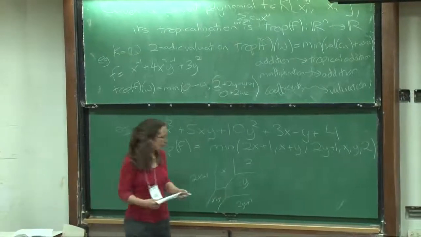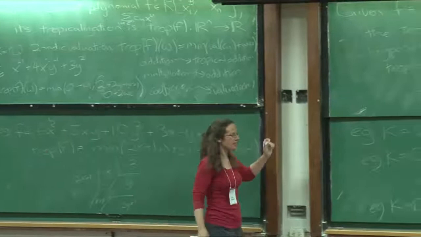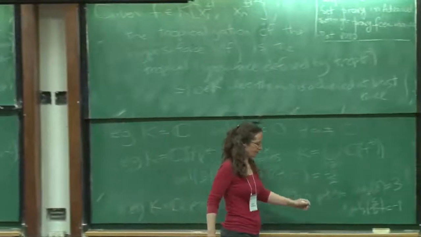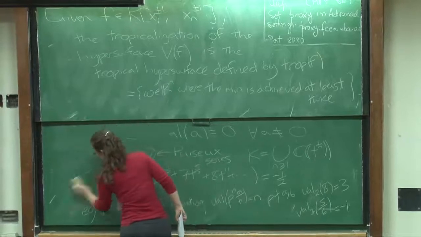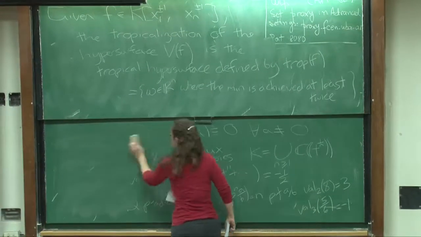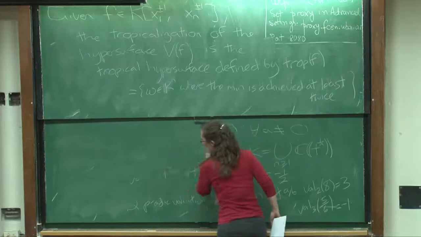Okay, got it. So maybe I can say a little bit, maybe why did I say Laurent polynomial as well? Also, the one thing you should notice is what happens if I multiply my polynomial by a monomial.